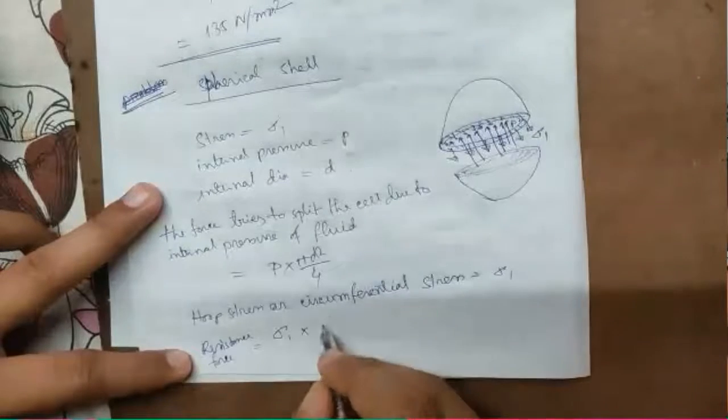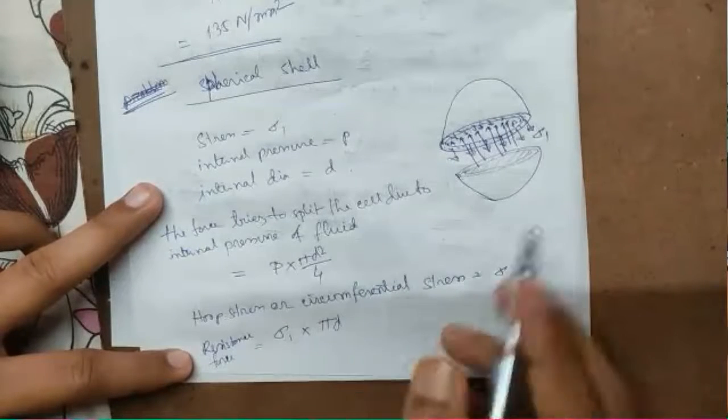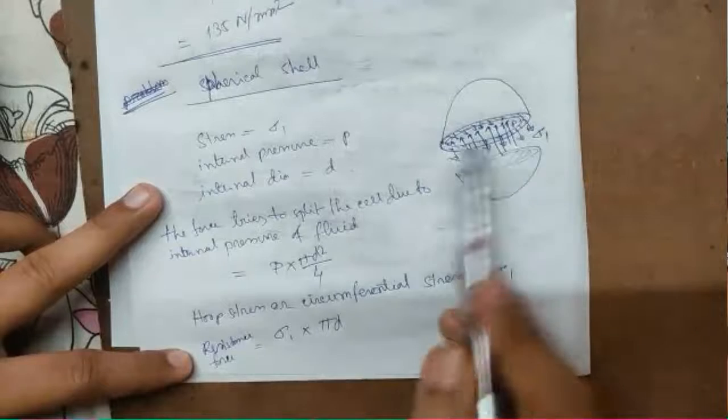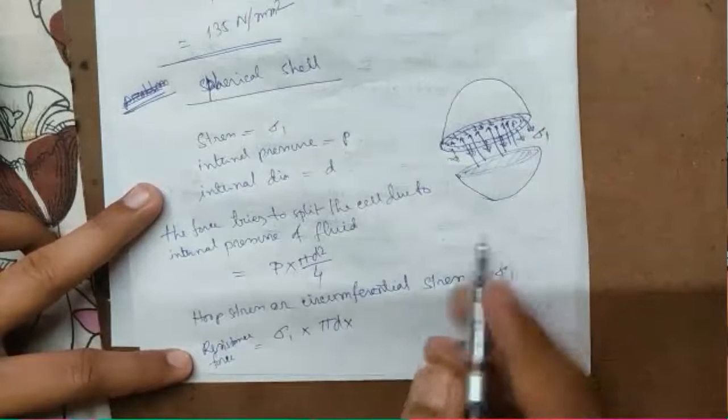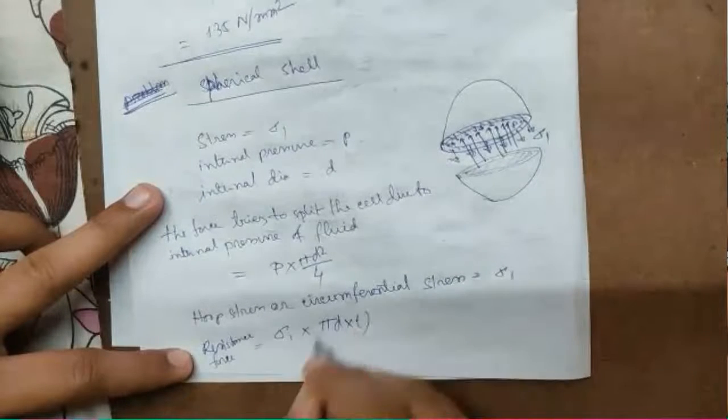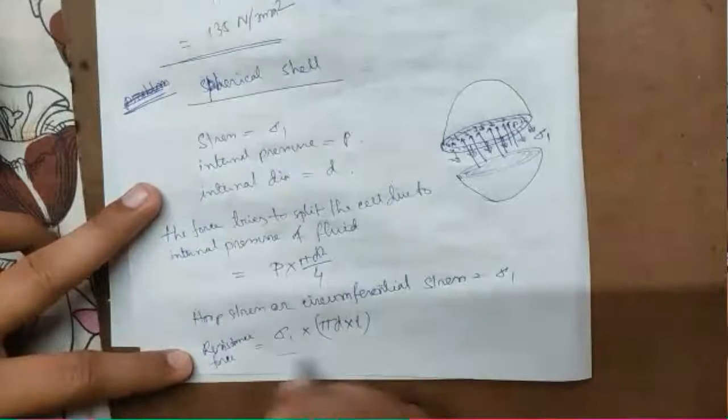The area is pi d, its periphery, into T, the thickness. So this is the resistance force.